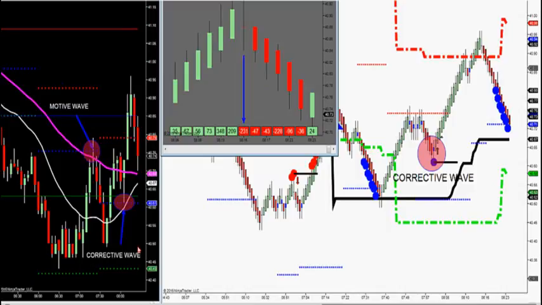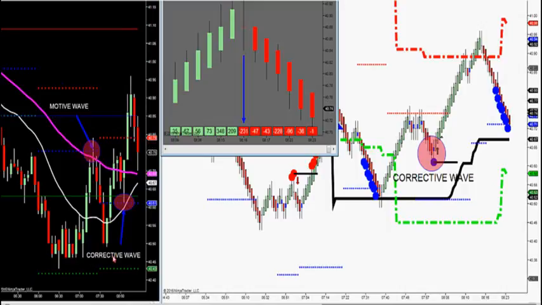First of all, there's two wave patterns we need to know. There's a motive wave that is with trend, retracements with trend. So when I talk about a motive wave, it's retracements with trend. If I talk about a corrective wave, that's retracements against trend. Around 80 to 85% of your trades are going to be motive waves with the trend filter direction.